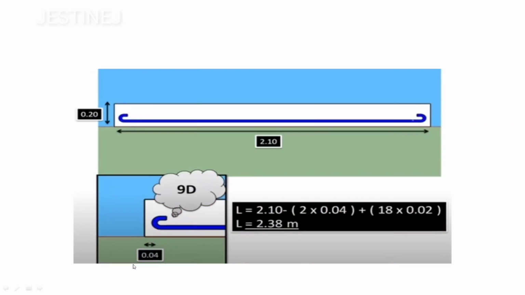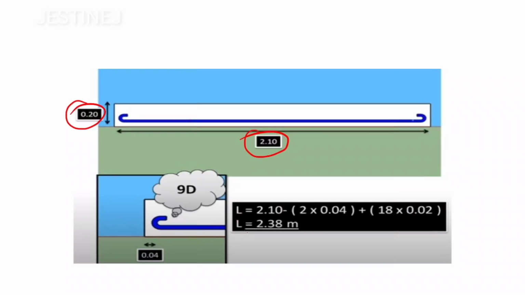Now we move on to calculate the length of this straight bar. The total is already mentioned as 2.1, and the slab height is going to be 0.2.